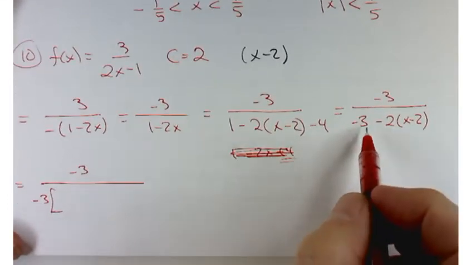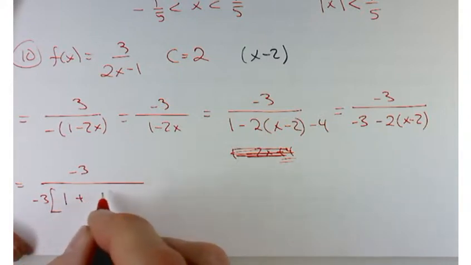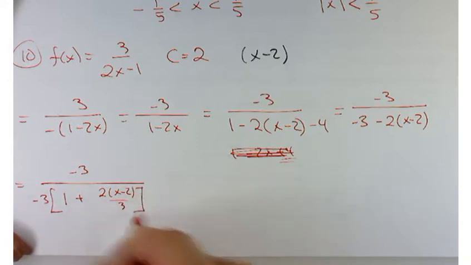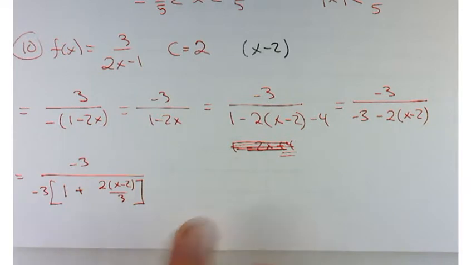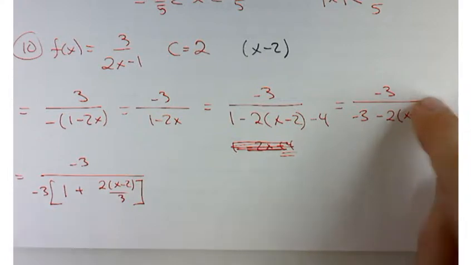If I factor out the negative 3, that's going to leave behind a 1 plus 2 times x minus 2 over 3. If you check by distributing, you'll see that you get negative 3, and then this and this will cancel, leaving you with a negative 2 times x minus 2. So this and this are equal.